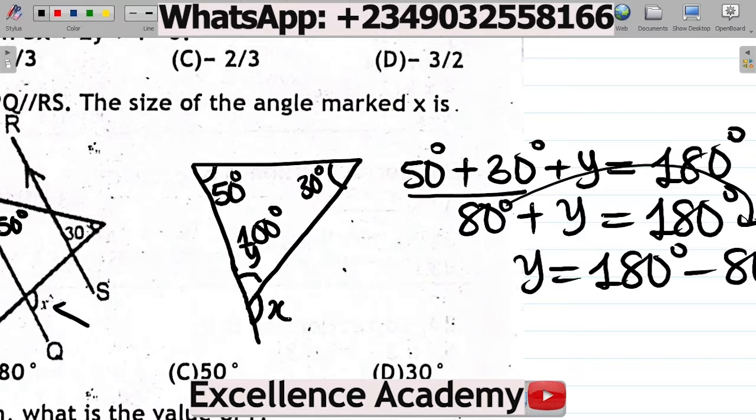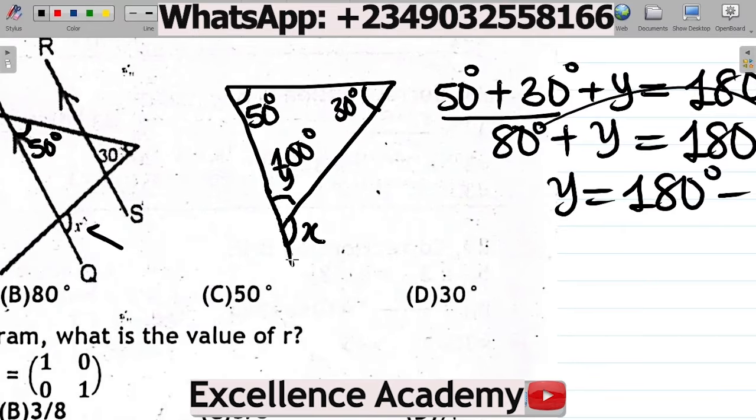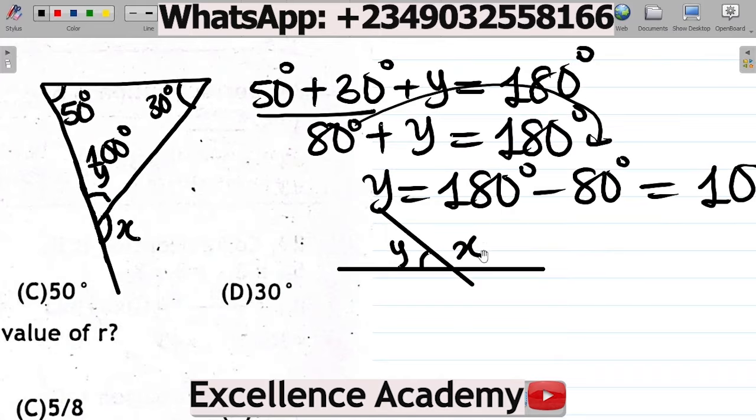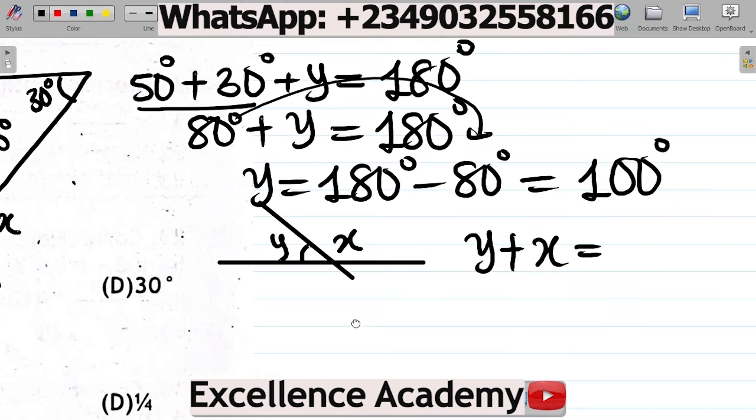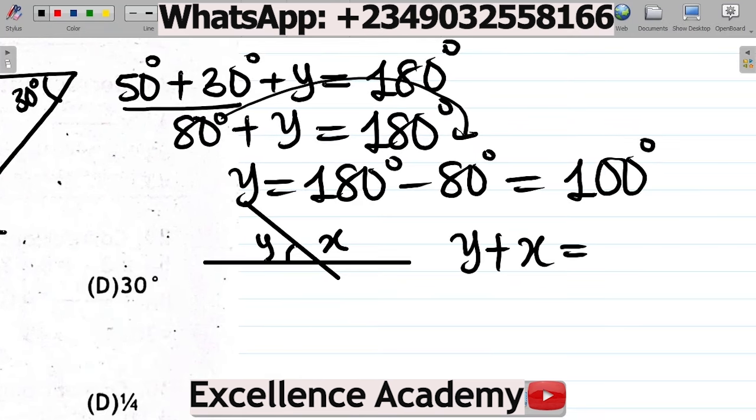If you look at this clearly, you will see that x and y are on a straight line. So if I bring the straight line like this, you have this as y, you have this as x. And the sum of angles on a straight line is equal to 180. That means y plus x should be equal to 180 because they form a straight line.